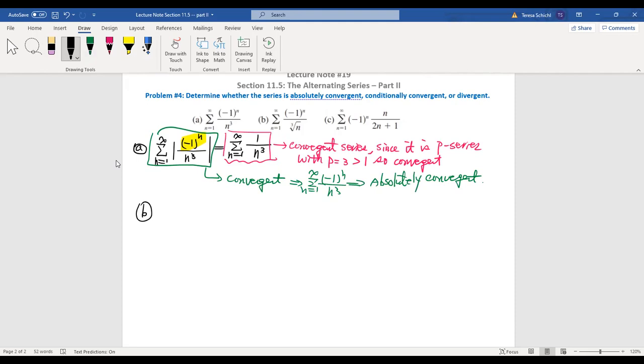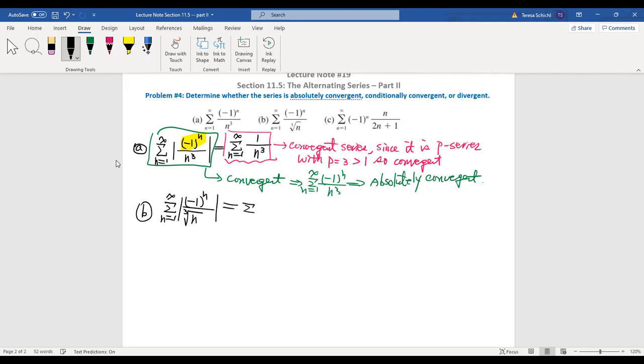This is the summation from n equals 1 to infinity. Okay, so here we still do the same. Let's put the absolute values here, right? So this is negative 1 to the n over n to the cube root.